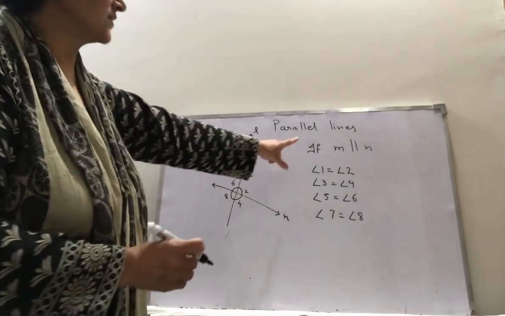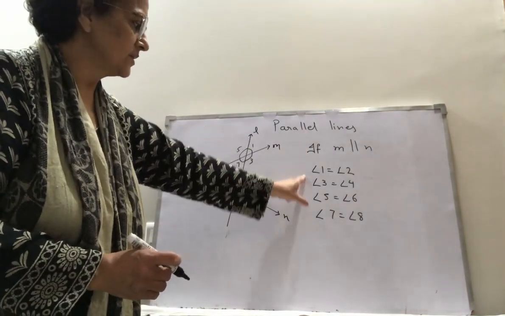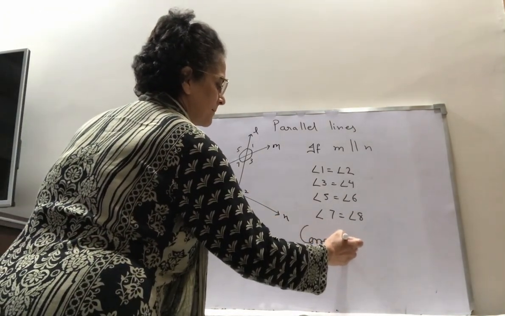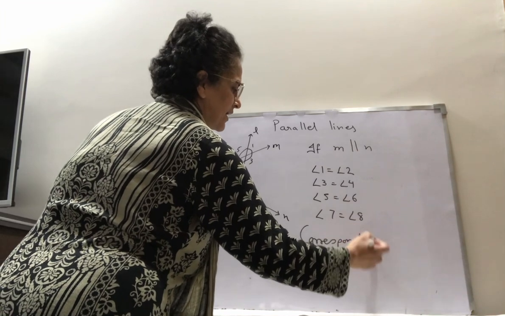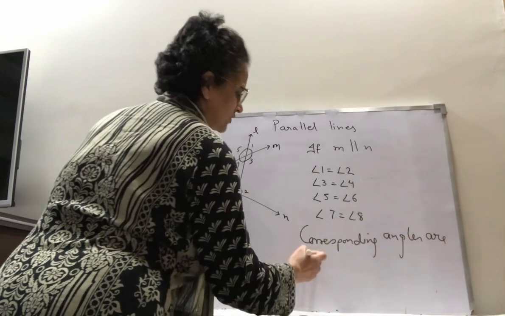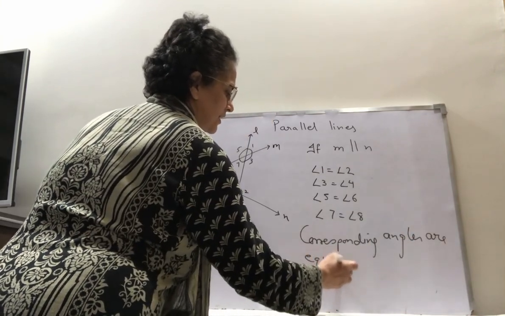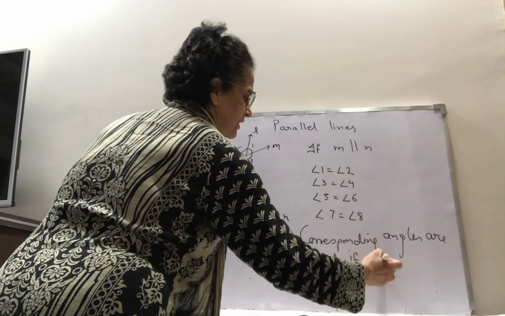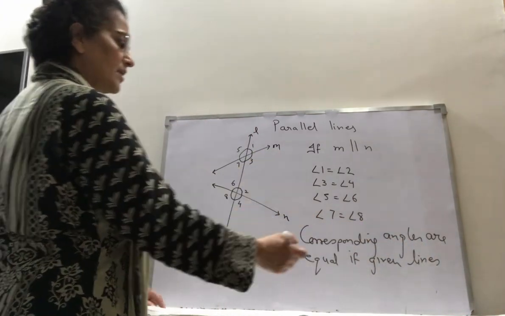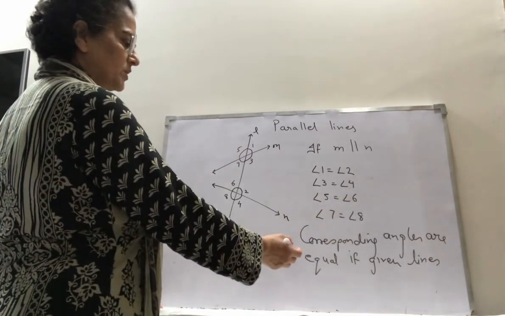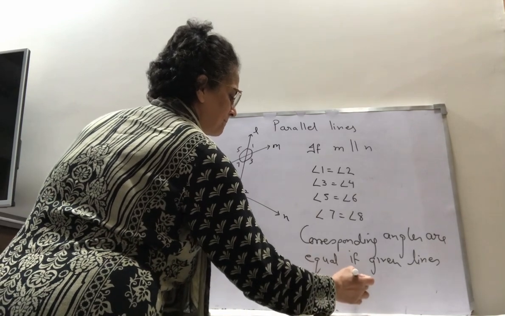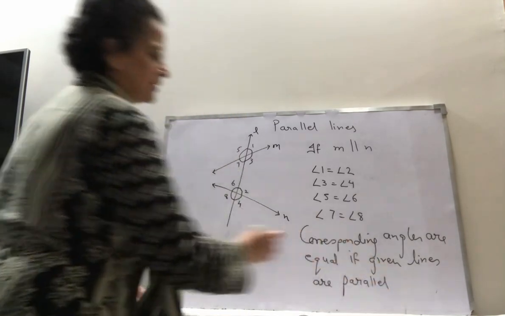And if this is given, these corresponding angles are equal if the given lines, in this case named M and N, are parallel.